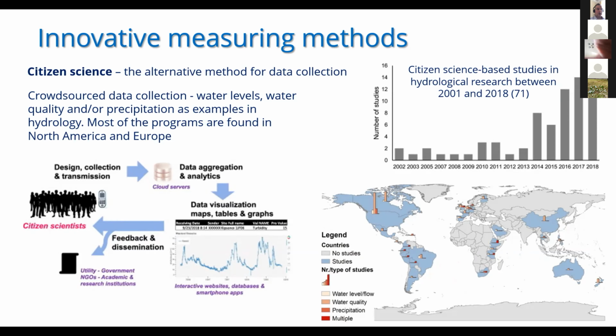People involved in this technique, in this procedure, can obtain water level, water quality, also precipitation, and some observations on water bodies. And I see this technology is very nice and can be global, and it can provide a lot of information which the traditional type of hydrological measurements cannot provide.